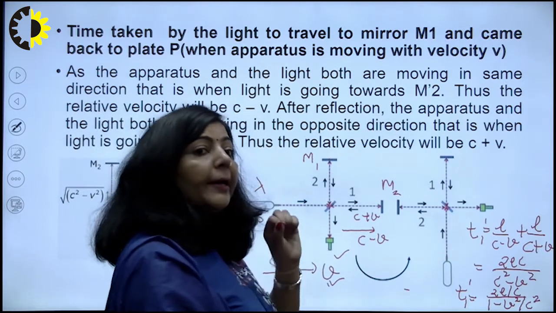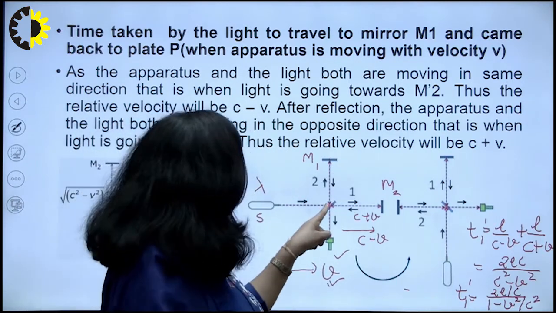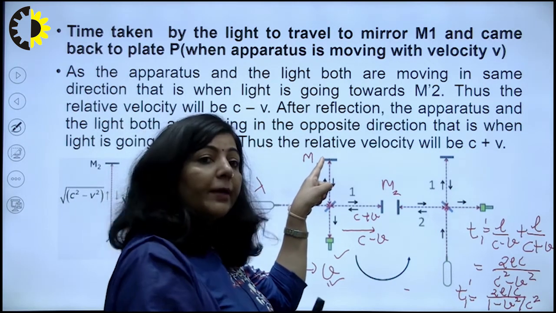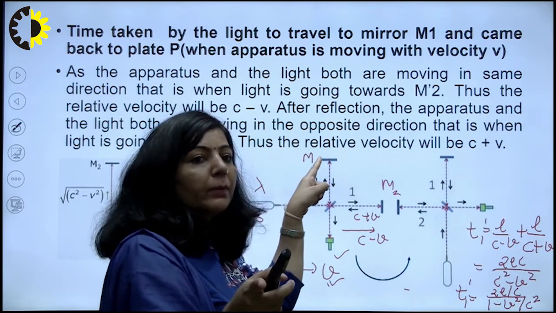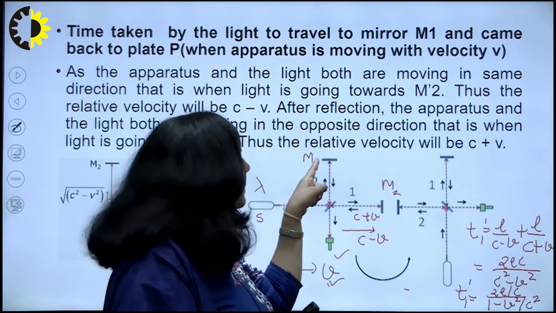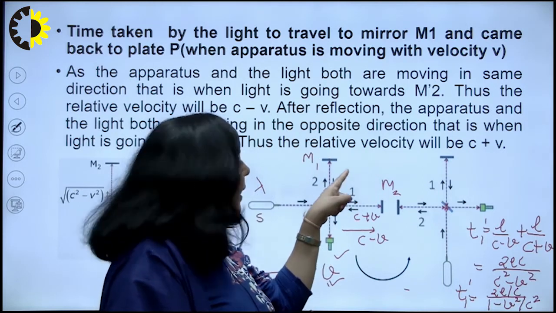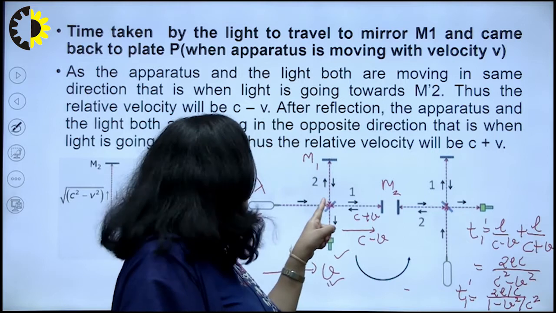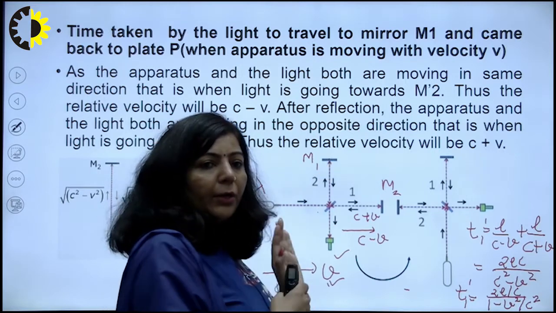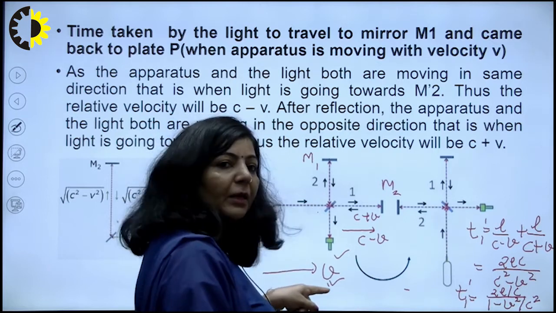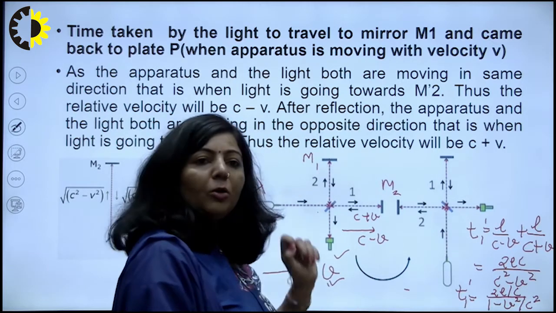So if in time t dash, light is moving from glass plate to mirror, but you, the observer, are sitting in the ether frame, and for you this apparatus is moving, then during t dash time, since the apparatus is moving with this speed, this mirror will occupy a new position.